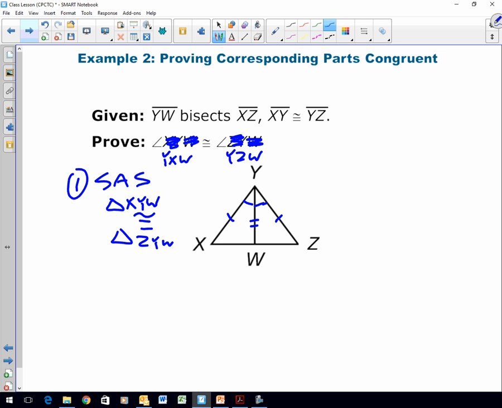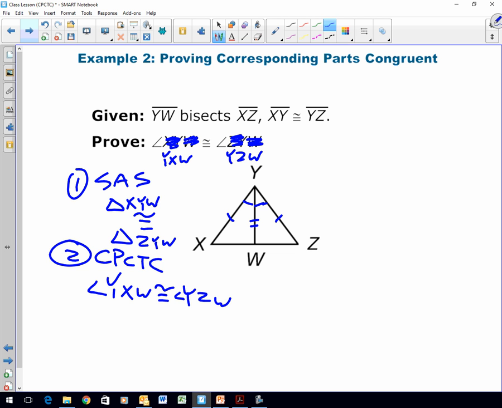Okay? After I say that, I can then do one simple thing. CPCTC tells me angle YXW is congruent to angle YZW.